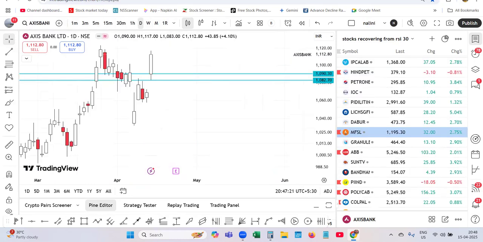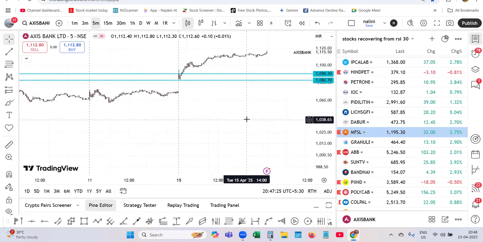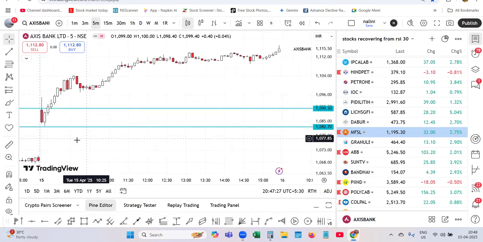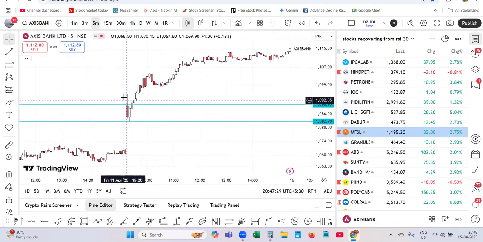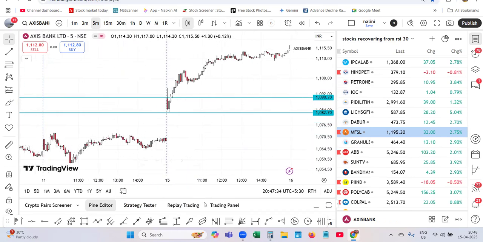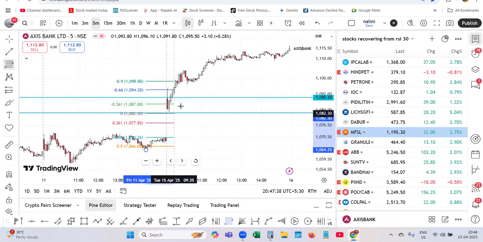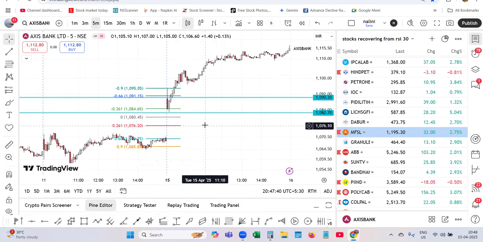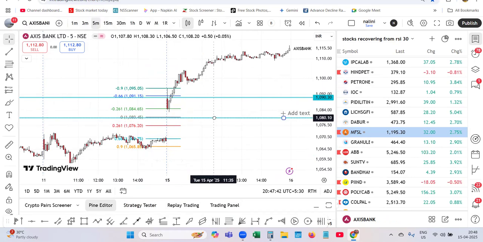This is Axis Bank. You can see, let me go to the 5 minutes. The price action is different. You can see over here. It is almost similar. Even for that also, you can use the same way from here to here. You put this, and here is 180 degrees.